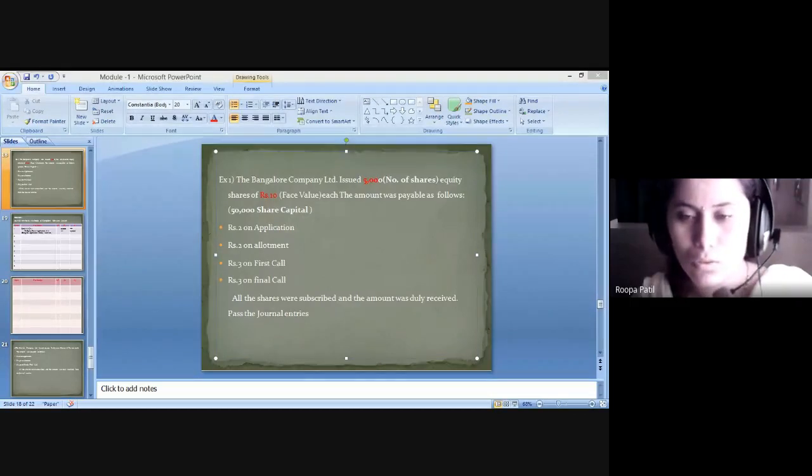What is the first journal entry when you receive the application money? Bank account debit to share application. Good.